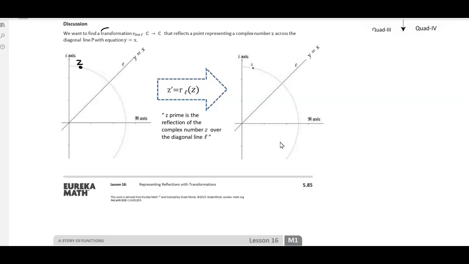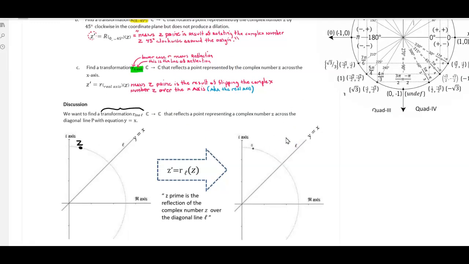So we want to get a formula that makes this happen.